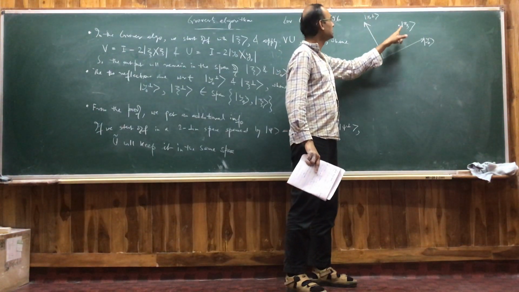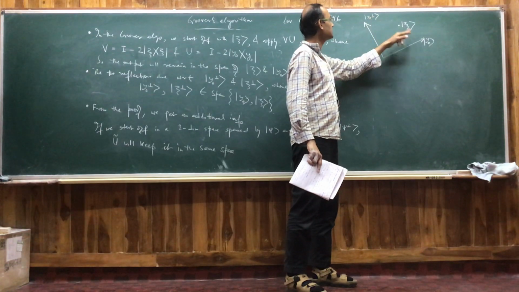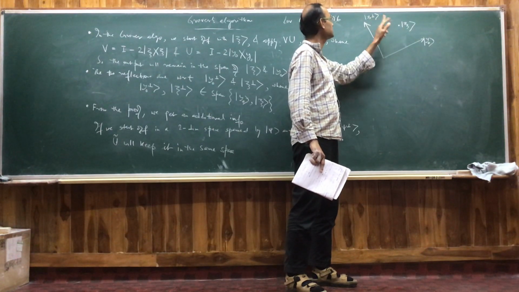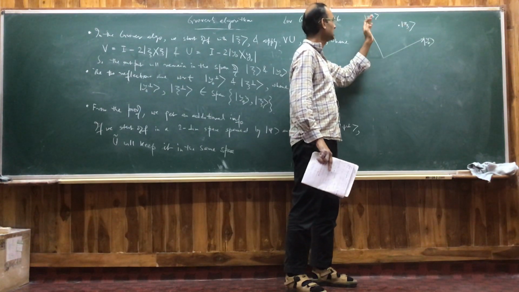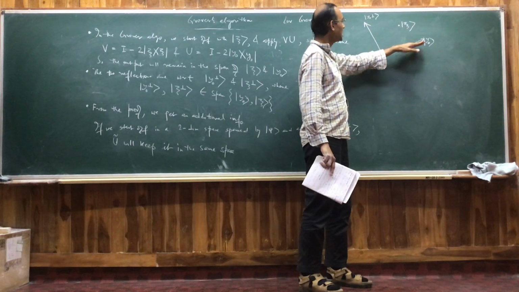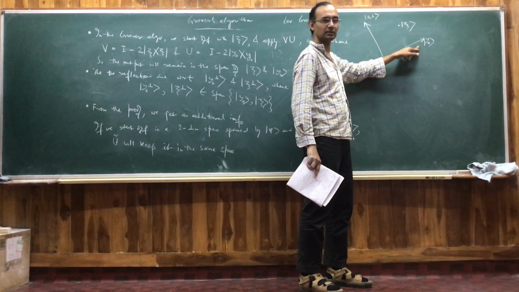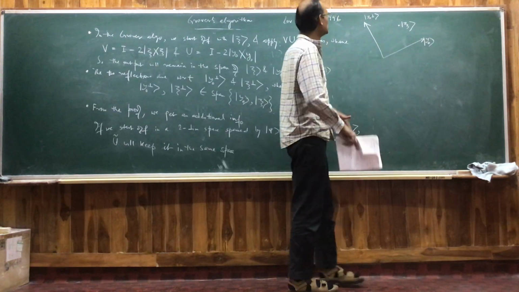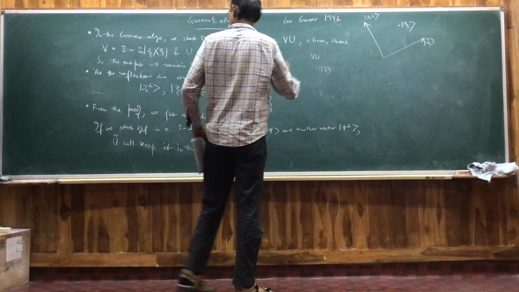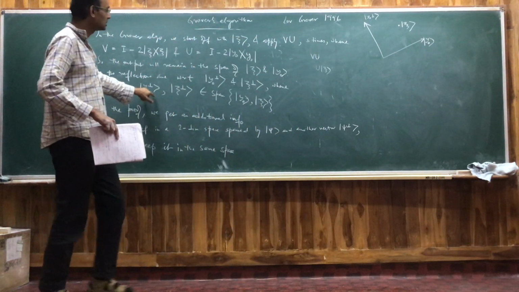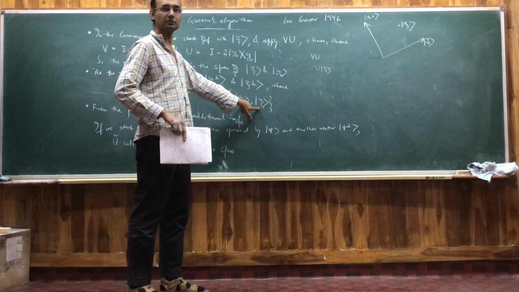So this being in the span of these two is the same as this being in the span of this and this. Yes? It's the same thing. So this y naught perp has to be in the span of these two.